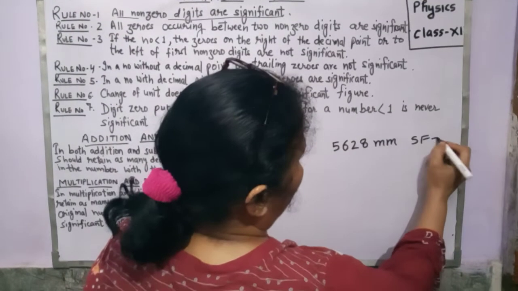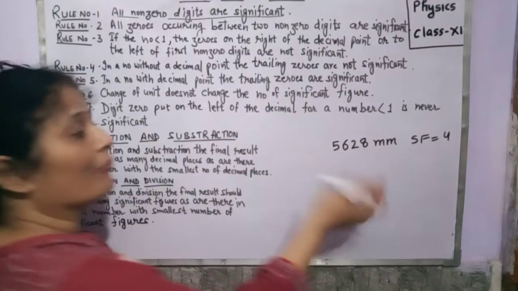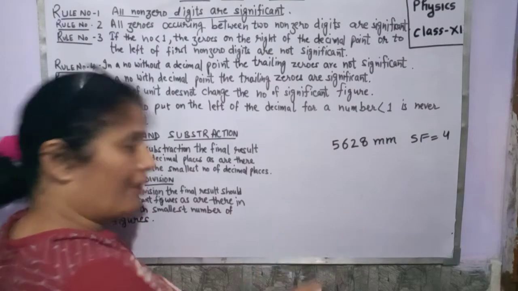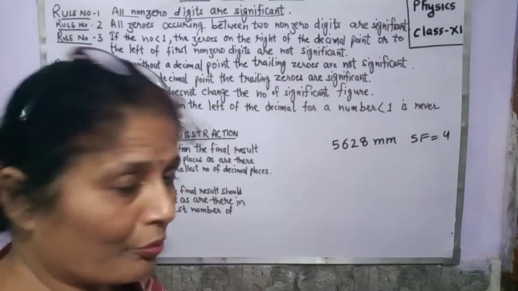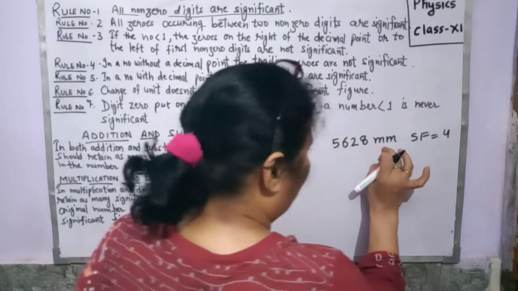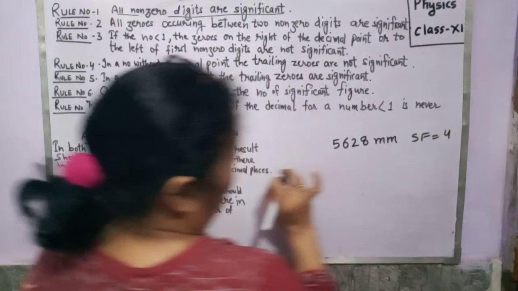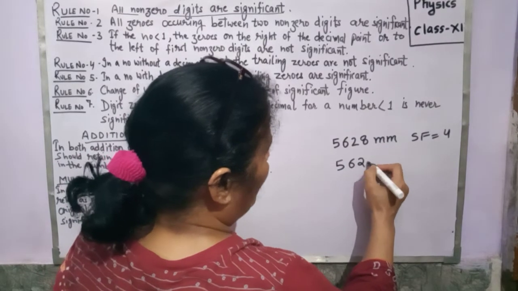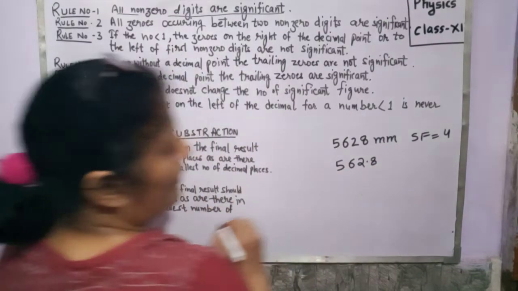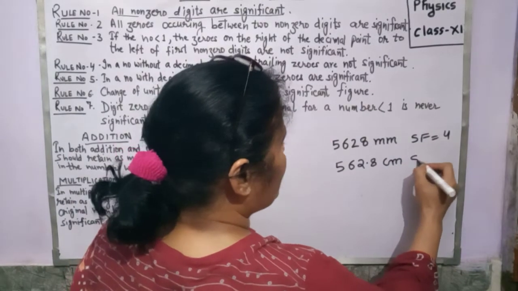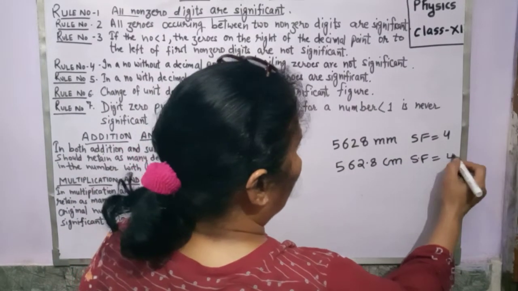Significant figures equal 4. If it is converted into centimeter or into meter or into kilometer, the number of significant figures remains the same, that is 4. Now if it is converted into centimeter, 562.8 centimeter. Then significant figures again equal 4.